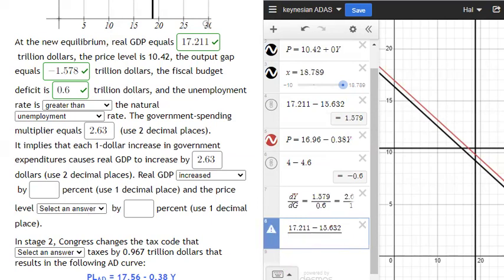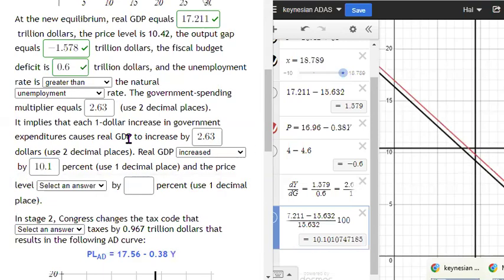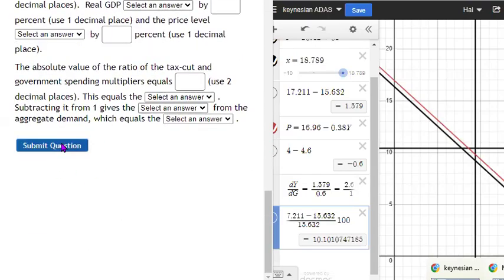To calculate the percent change, it's what it is after the increase in government spending compared to what it was before the increase. So it's what it is minus what it was, divided by what it was, multiplied by 100% to convert it to a percentage. So GDP increased by 10.10%, right? And we'll see if we got these answers correct.